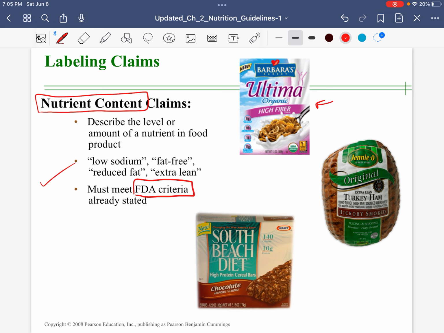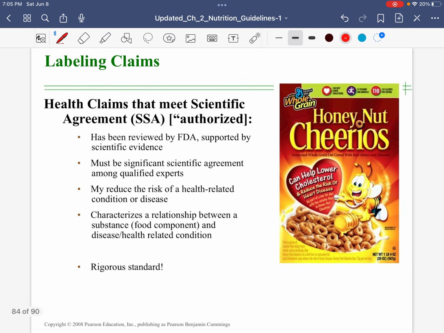So in order for this to say high fiber, it had to meet an FDA stated guideline. In order for this to say extra lean, in order for this to say high protein, it had to meet those FDA criteria. Again, which may not be as much as you think, but it's something. That's a nutrient content claim.